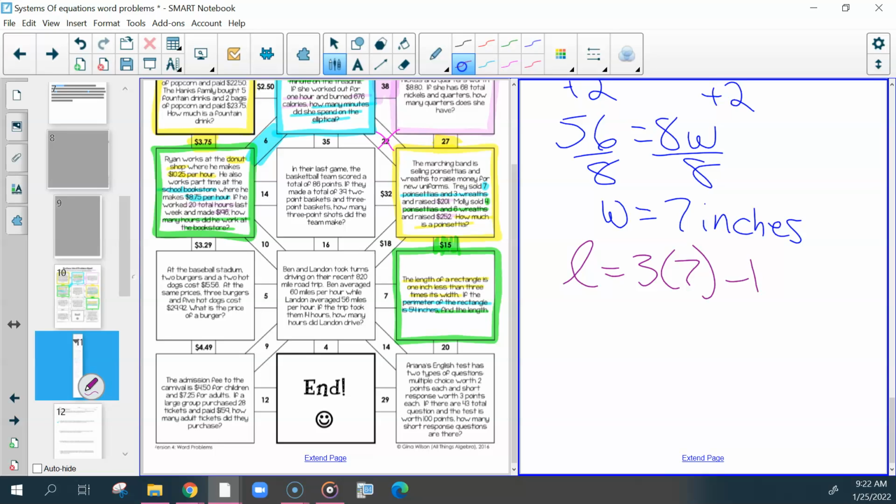So if we were to put 7 back into our length equation, what would our length be? 20 inches.